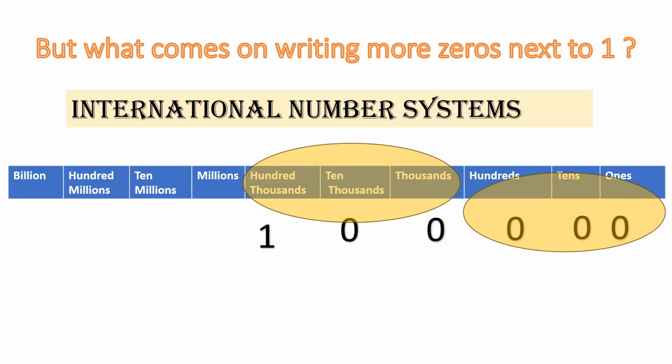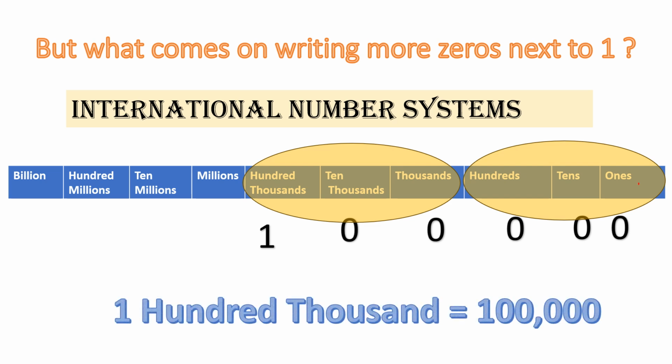For the international number system, we will divide this number into two groups and we will call it 100,000. The comma will be put here. Okay. So there will be only one comma because 100,000, 10,000s and thousands, these three digits are in one group. So we will just write 100, and for this 3 we will make another group 000, and the name is 100,000. Let's go to the next part.